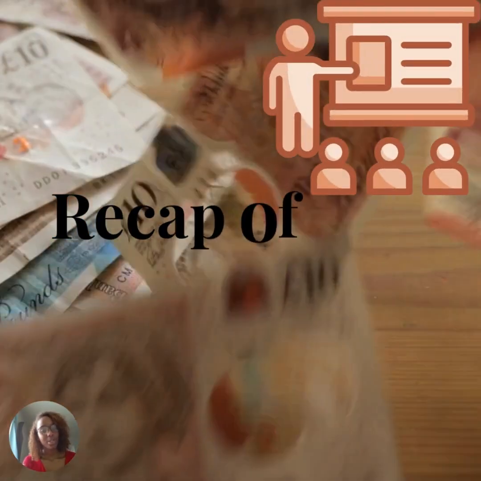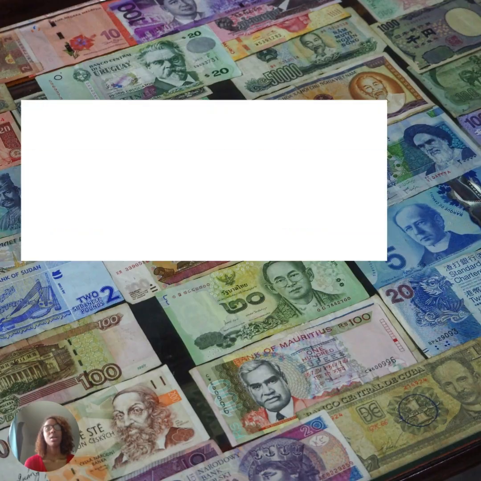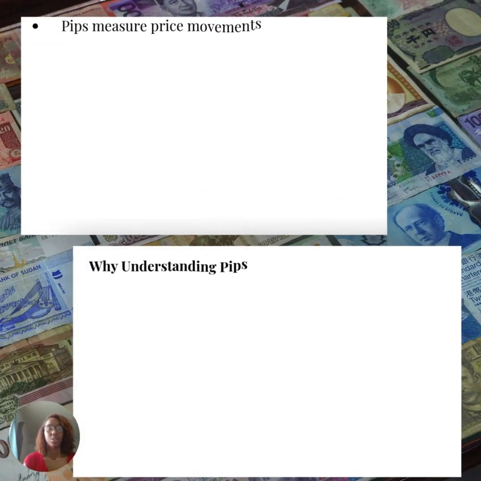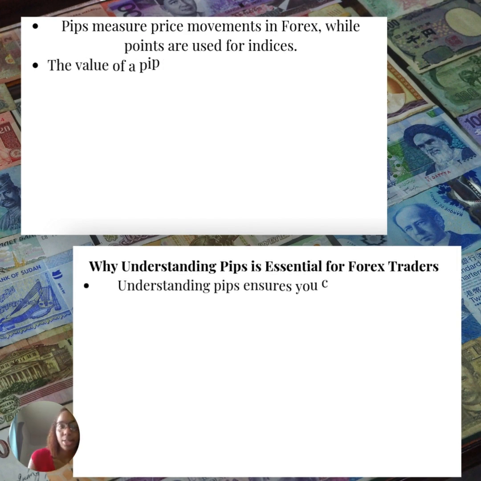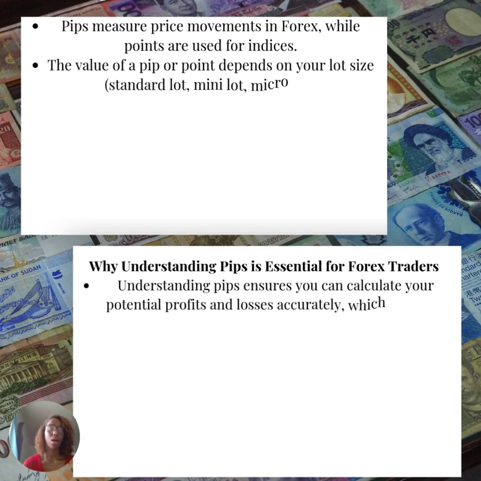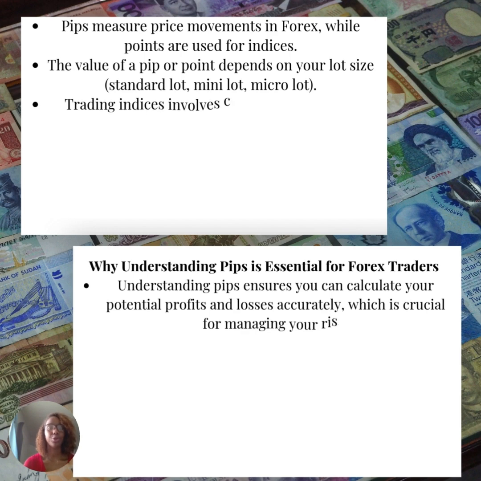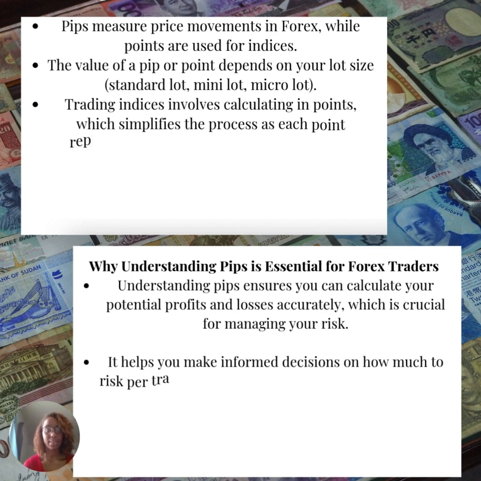Now, here's just a recap of some key points if you made it to the end of this video. So, key points as they're listed here. I would highly advise you to write this stuff down. Pips, just to briefly go over, pips measure price movements in Forex, while points are used for indices.